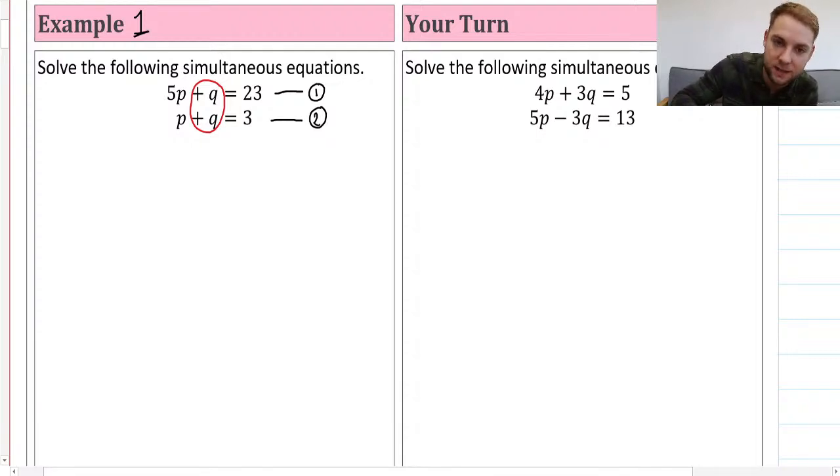So what I'm going to do is, let's just write a little reason why, just for this first one. So because the symbols on Q are the same, we subtract our equations.